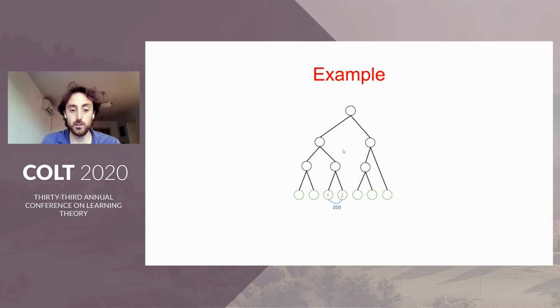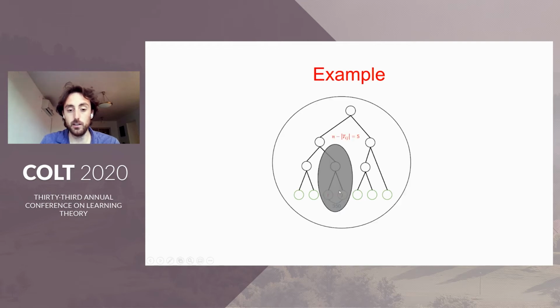All right, so let's see an example. Here we're given an HC tree and two data points i and j with a similarity weight of 350 between them. So in this case, the size of Tij is 2, right? Because there are two data points within this subtree. On the other hand, we're interested in the number of leaves outside of Tij.